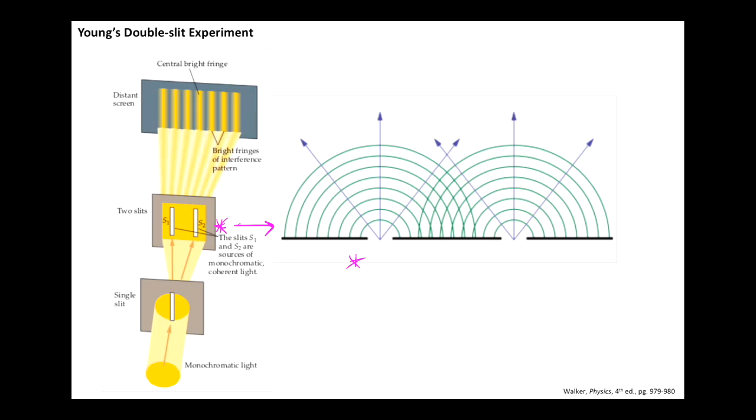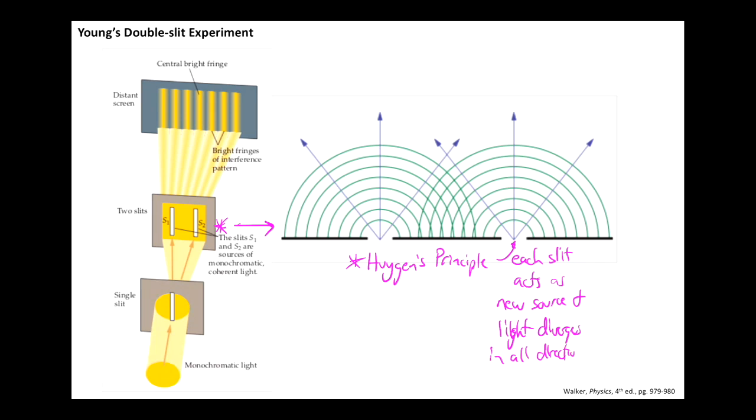It's known as Huygens' principle, and that is that each slit acts as a new source, and light diverges in all directions from that point.